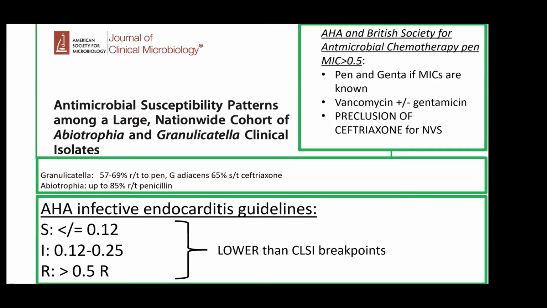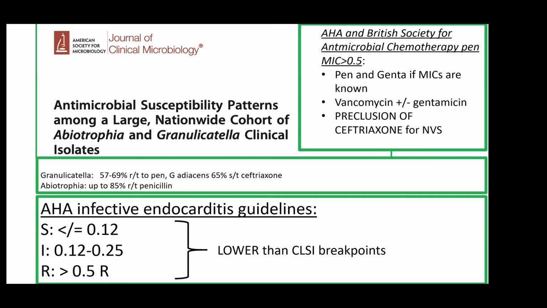Then just looking at the susceptibility testing and the problems associated with that, we just need to note that when it comes to the MICs, they are lower for Granulicatella compared to other viridans streps. This is according to the American Heart Association. They've actually changed or reduced the breakpoints.